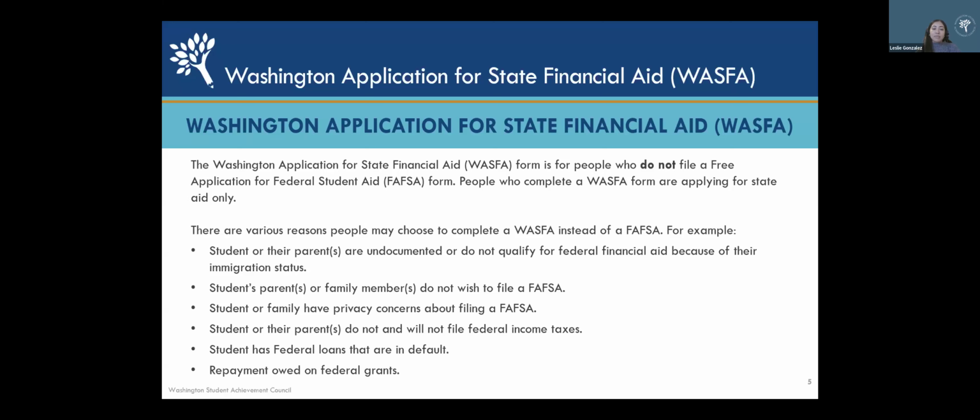Another reason being that a student or parent simply chooses to complete a WASFA rather than a FAFSA, or if they have privacy concerns about completing a FAFSA, they can opt into completing a WASFA instead. Additionally, any student who owes a repayment on a federal grant or is in default on a federal loan can complete a WASFA to still be considered for state aid programs.